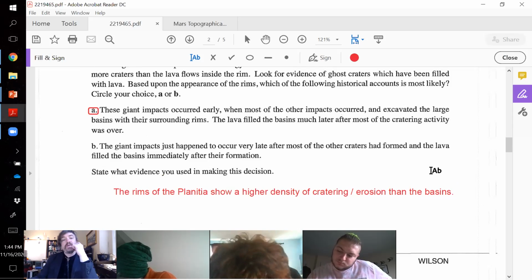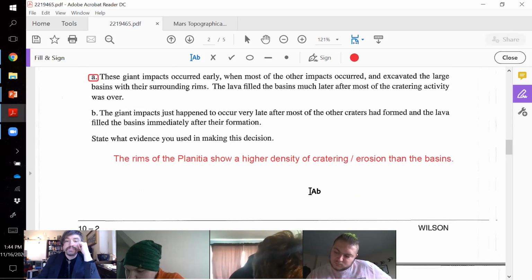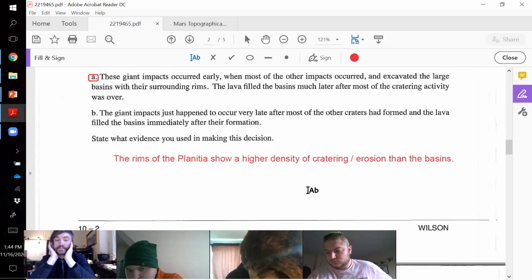So the basins must have been older than the rims, than the impactor itself. Oh wait. Let me know when you're done, buddy.